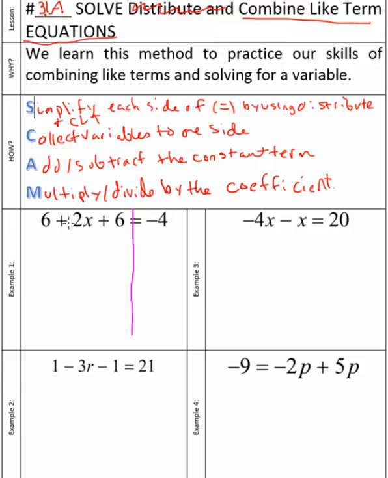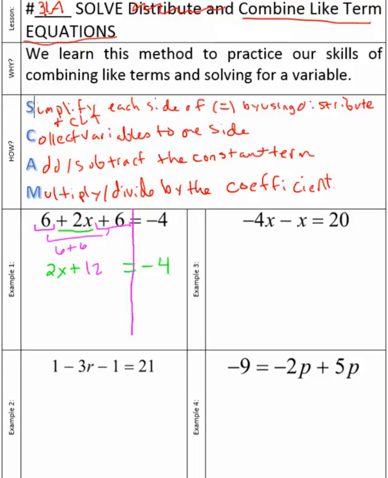I could take the 6 and add it with the 6 over here. So I get 6 plus 6, which is 12. Then, since this guy doesn't have any sign or any partner, we bring it down. So I have 2x plus 12, and then equals -4.